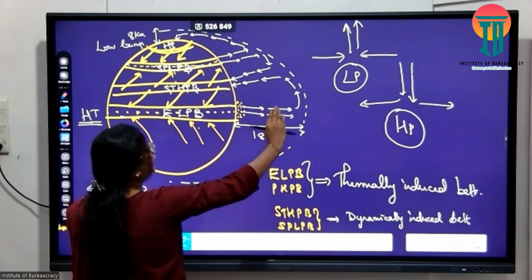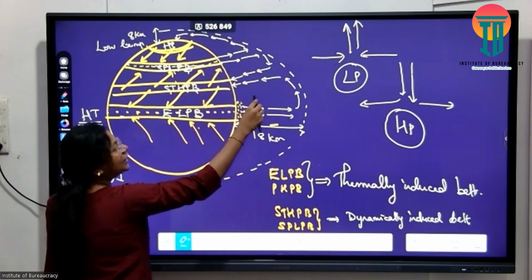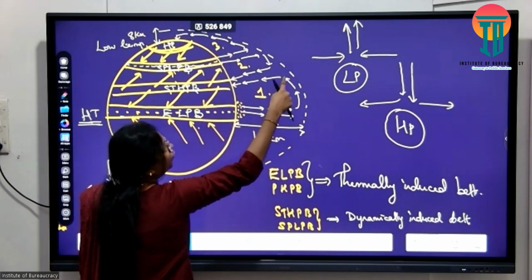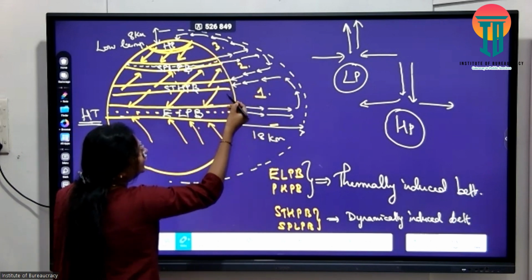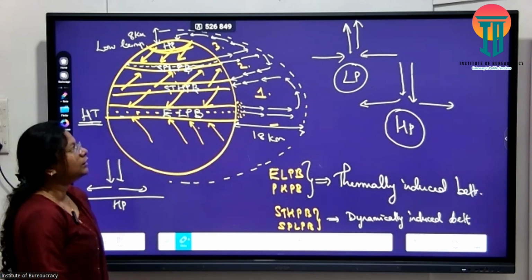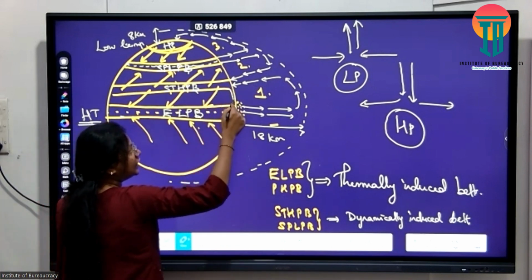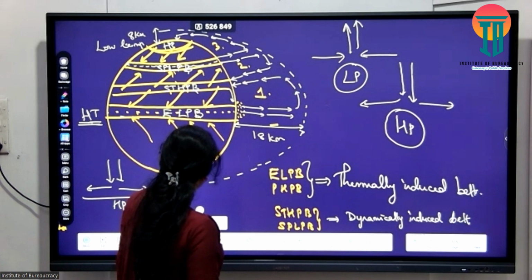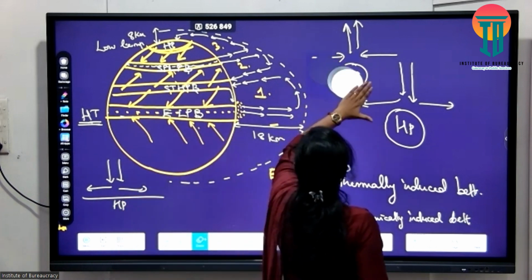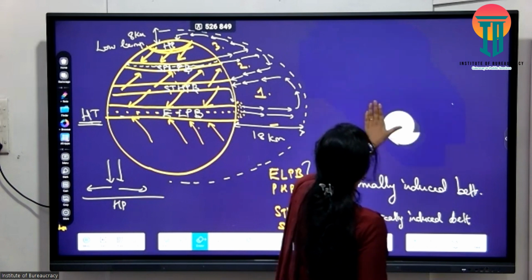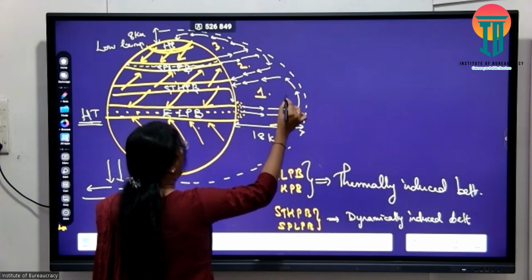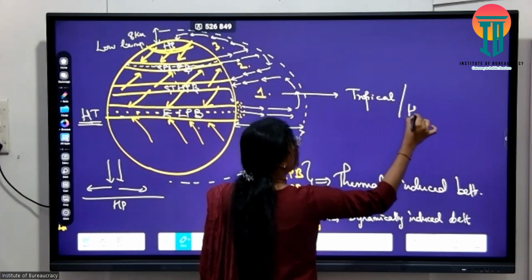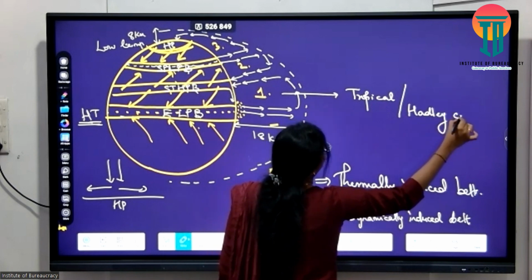Now when we look very closely at the atmospheric distribution, there are three important cells formed, or closed movements of air, where one part of the limb is your surface movement, the yellow arrow on the surface. The first important cell is known as the Hadley cell, the tropical cell.